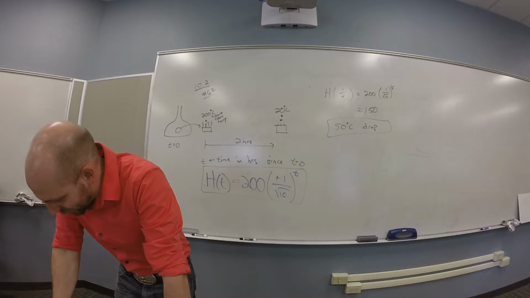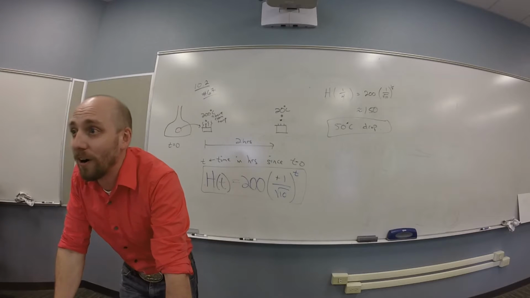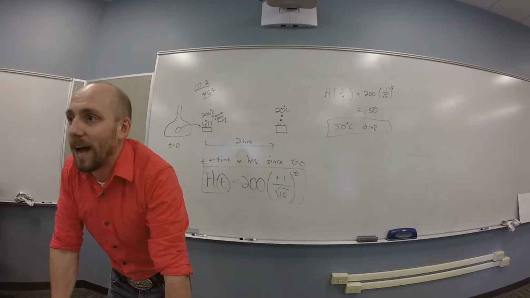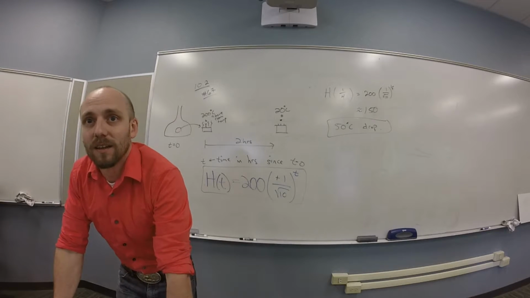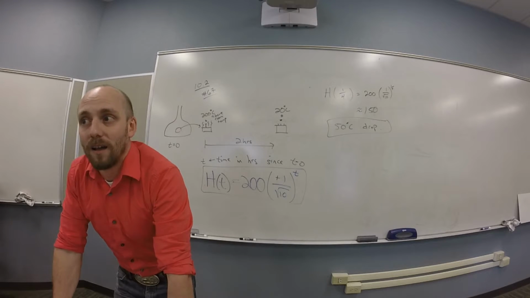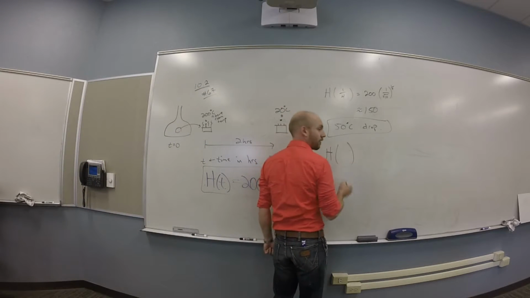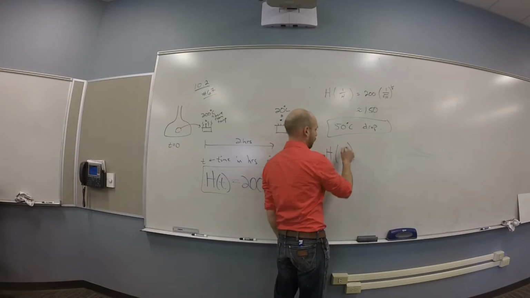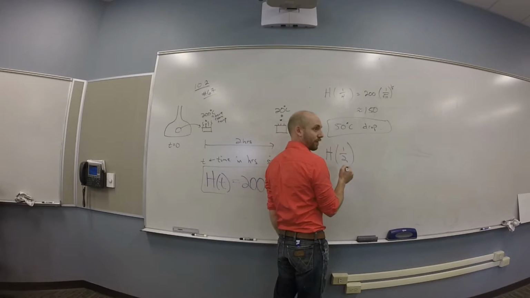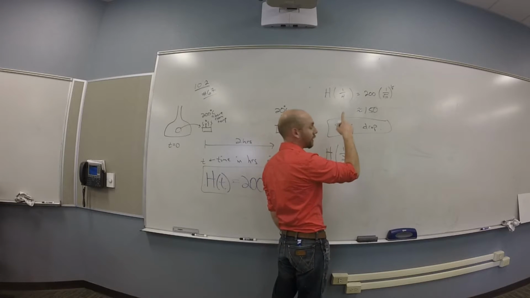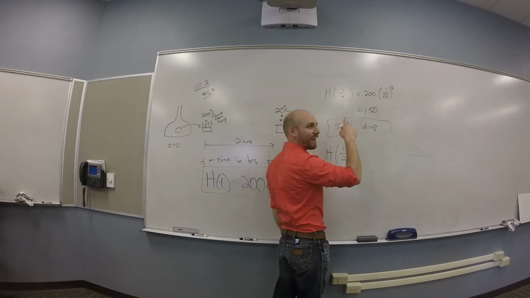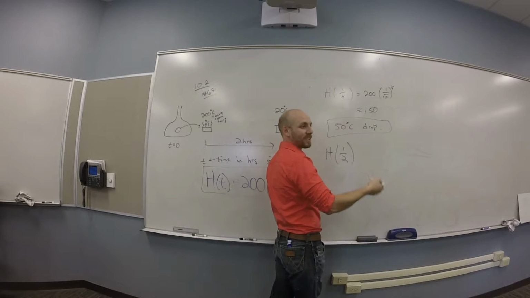Okay. During the next quarter hour, after a half hour in total, you need H of 1/2. Because H doesn't do time since the last calculation, it does time since the beginning.